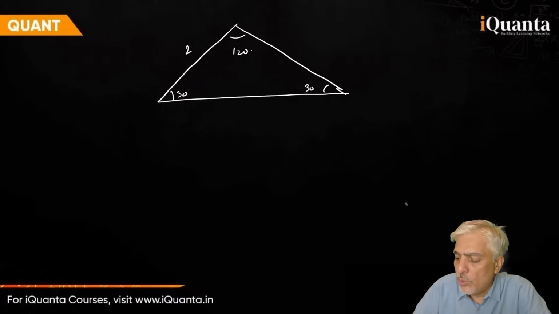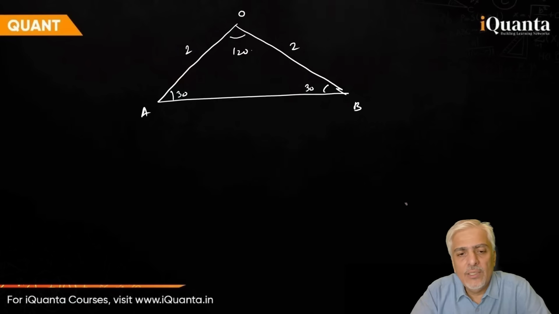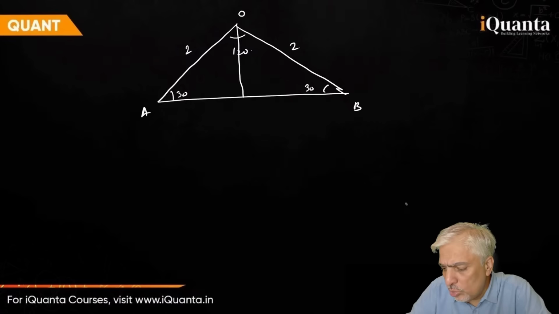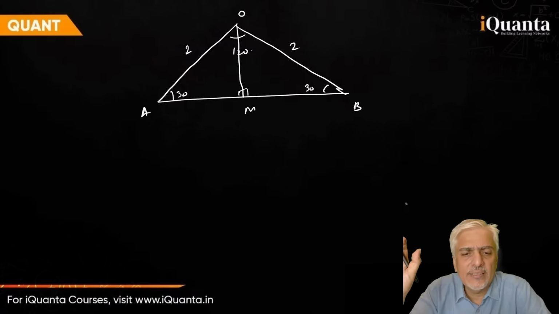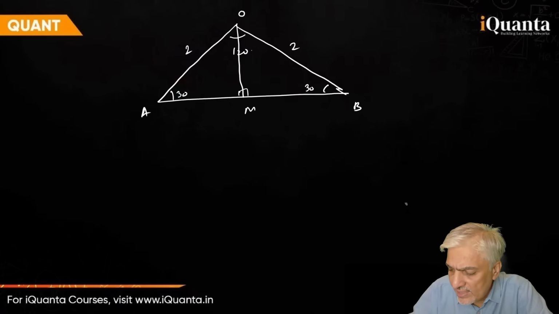Suppose this was 2 and 2, what is AB? You can say, okay, let me drop a perpendicular and make two 30, 60, 90 triangles, which is not a big deal, which I used to do for years. I would never learn extra formulas. Somebody told me learn 30, 30, 120. I said, why? I know 30, 60, 90. So let me just remember that.